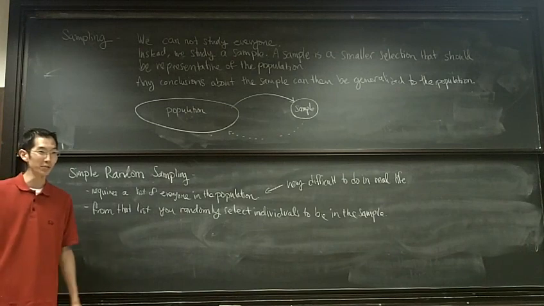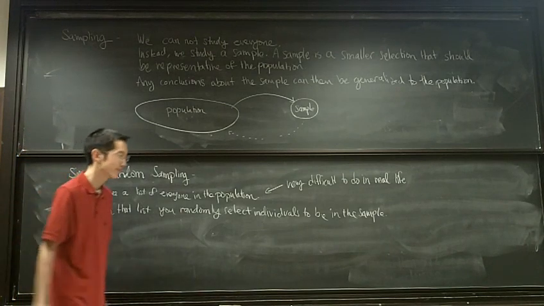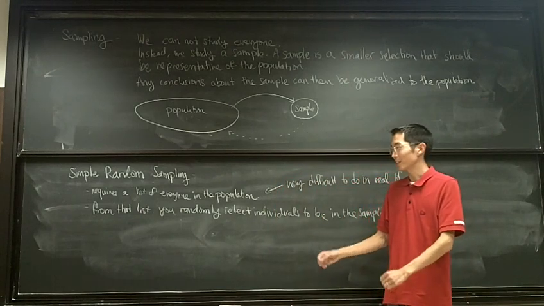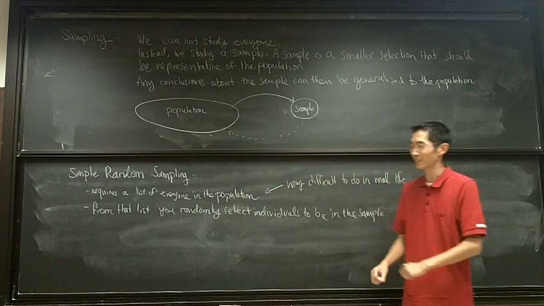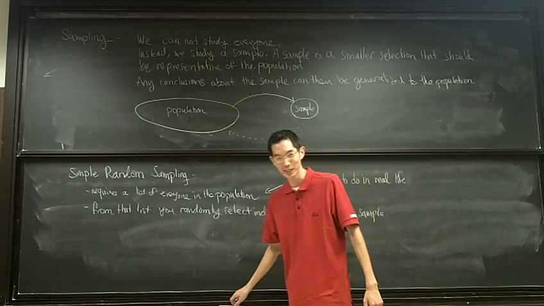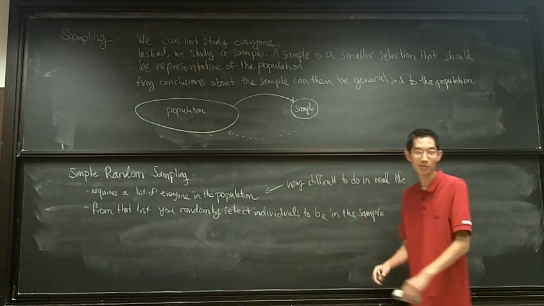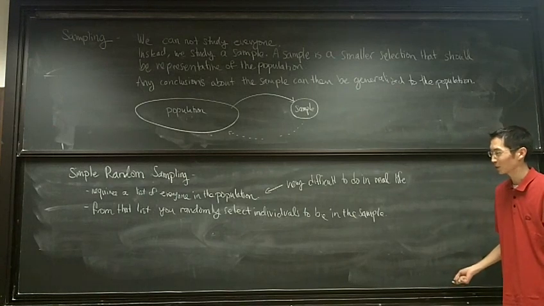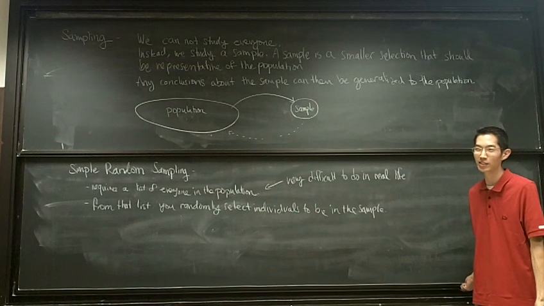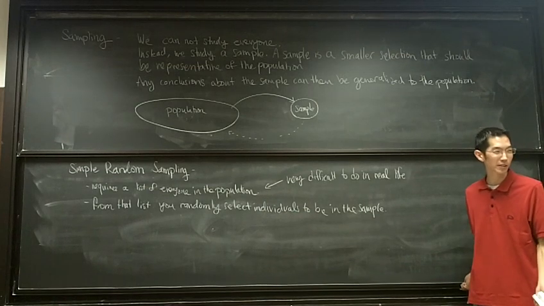And so maybe we could do that, but unless you live in a country where they register everybody's name in some national registry or something, it'll be difficult. Even with the IRS, if you look up everybody's social security number, you're still going to miss people.